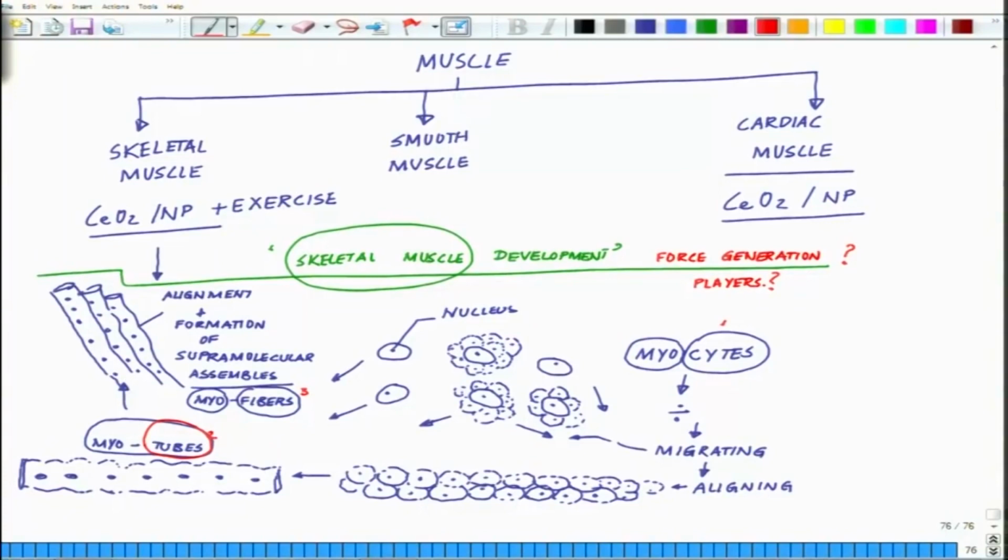Now, when we look at these myocytes, if I take a single myocyte here and enlarge it, this is the nucleus. It has a lot of crisscross proteins in its cytoplasm and along the periphery, something like this.